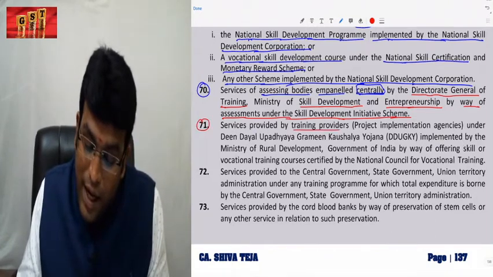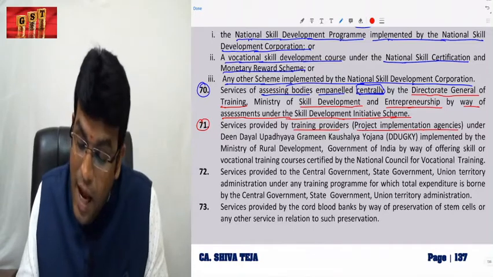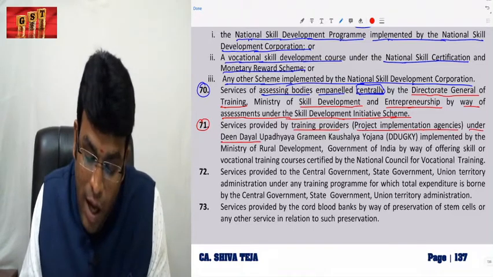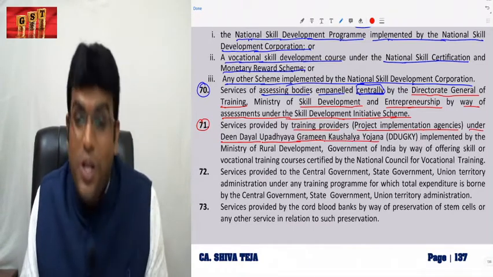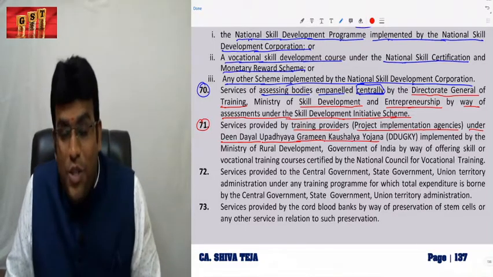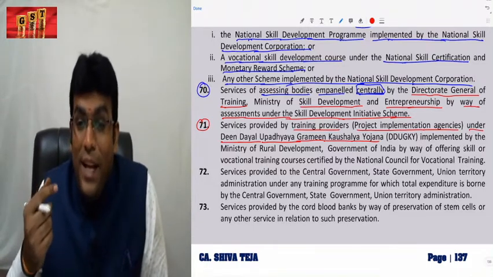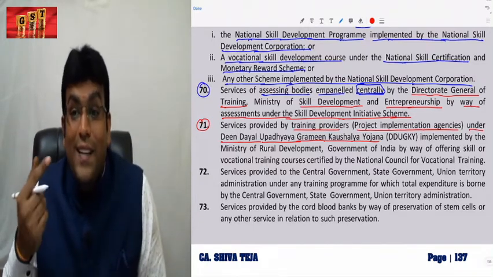Service provided by training providers, project implementation agencies under Deen Dayal Upadhyaya Gramin Kaushal Yojana. When we talk about Upadhyaya Gramin Kaushal Yojana, it means basically Upadhyaya means teachers, Gramin means villages, Kaushal means development.